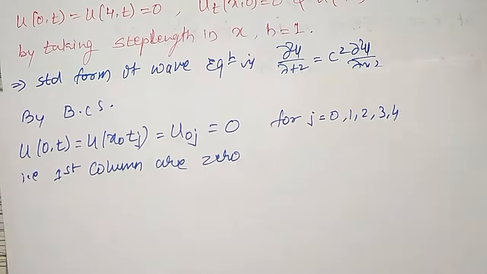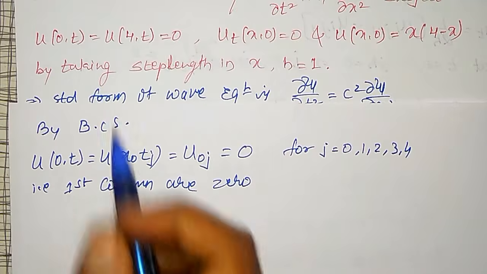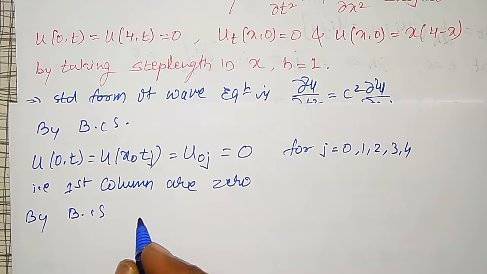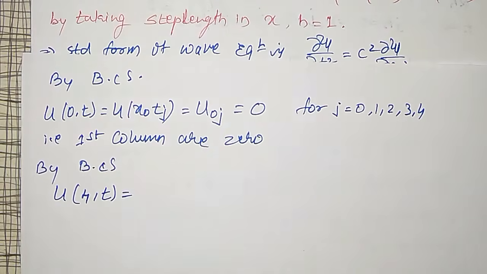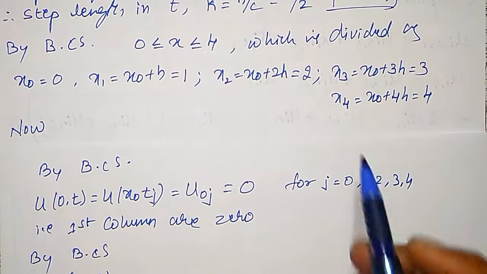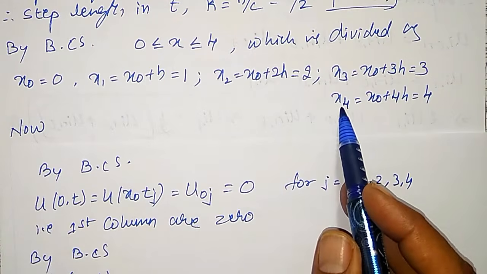What is my another boundary condition here from the given problem? By boundary condition u of 4 comma t, and x equal to 4, according to what I divided, x4 equal to 4.